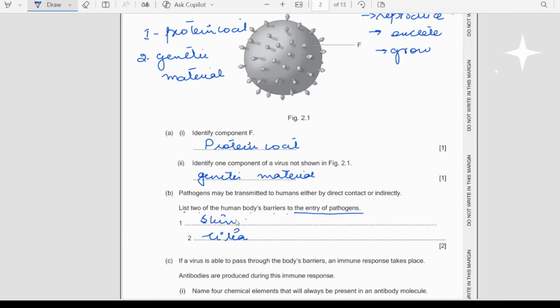What are the chemical barriers? No, it would be physical. Yes, yes, they are your chemical barriers.